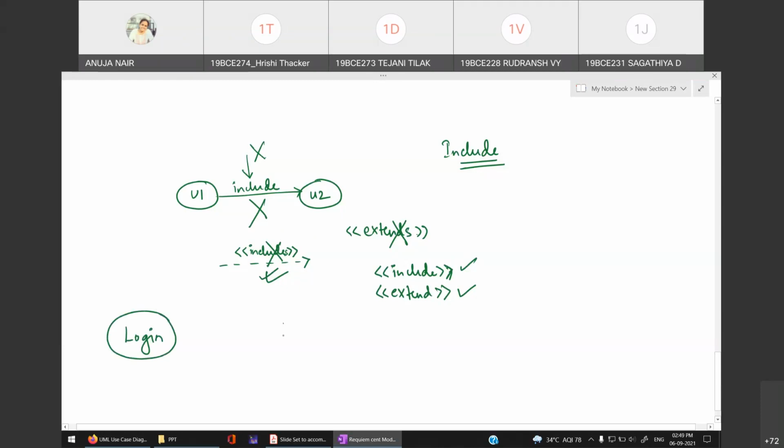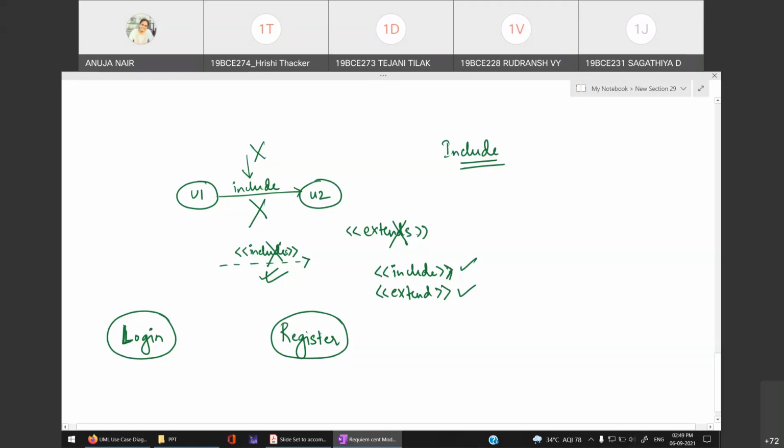Let's understand that. Let's say I want to do login, and I have two use cases, login and register. When I want to do login, I can do login only when the registration is done. Isn't it true? I can do login only if my registration part is over.